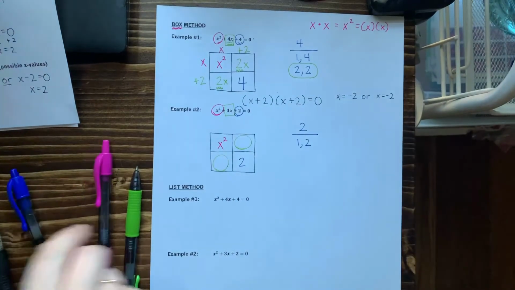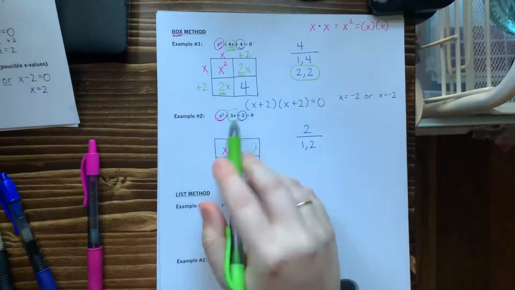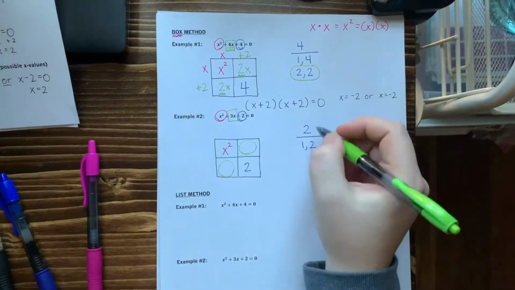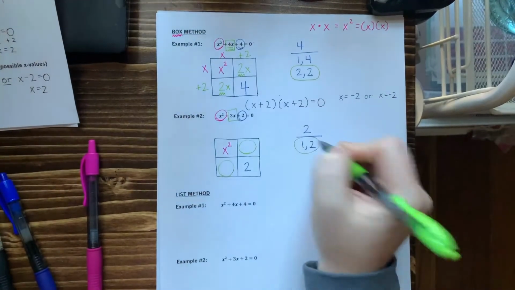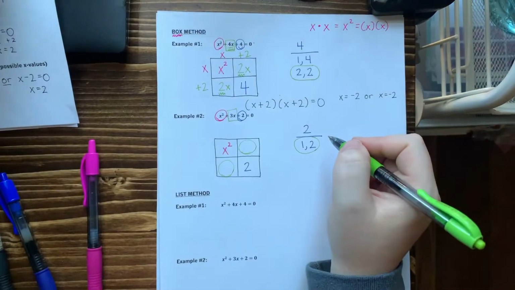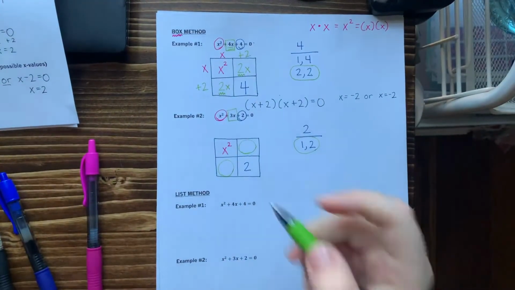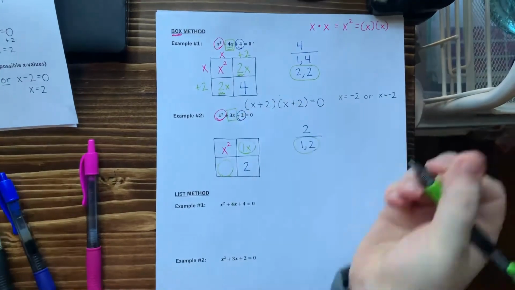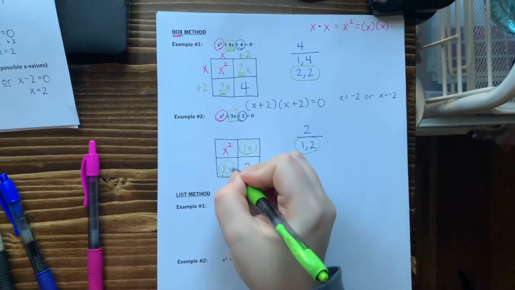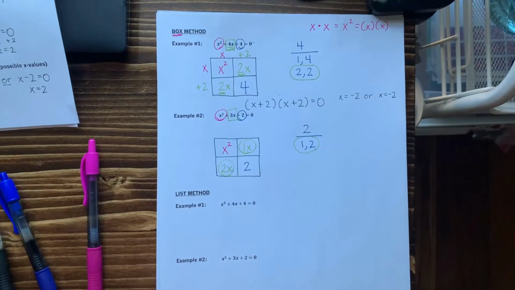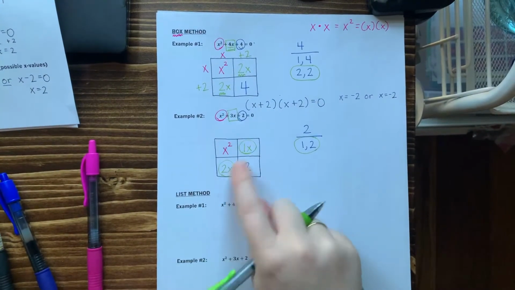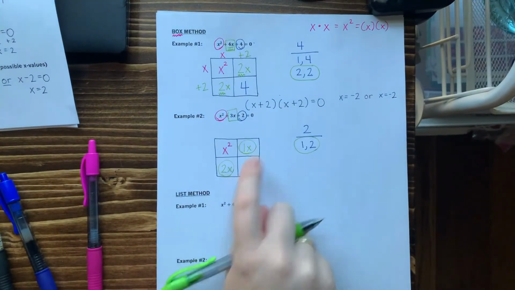No. So then we ask ourselves, is 1 plus 2 equal to 3? It is. So this is going to be our pair of numbers. 3x gets split into 1x goes here and 2x goes here. So we're splitting that whole 3x into two pieces, 1x and 2x.